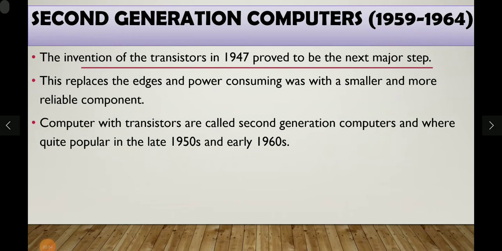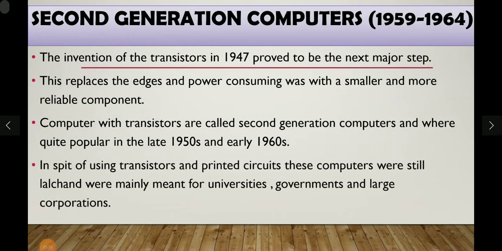In spite of using transistors and printed circuits, these computers were still large, mainly meant for universities, governments, and large corporations. These computers were still used in government and universities, like large sections of society.